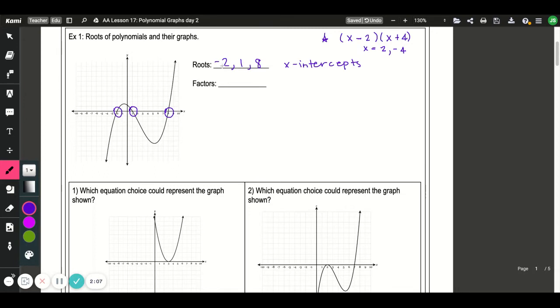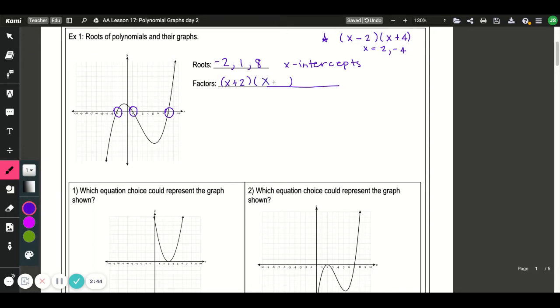So given these roots, we kind of want to work backwards now. We're given the roots here and we want to write the factors because that's what's going to allow us to match. So if -2 is a root, then the factor is x plus 2 because if I put -2 in there, -2 plus 2 would give me 0. If +1 is a root, I need to write something that looks like this so that if I put 1 in, it will equal 0.